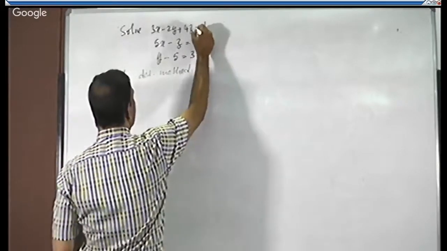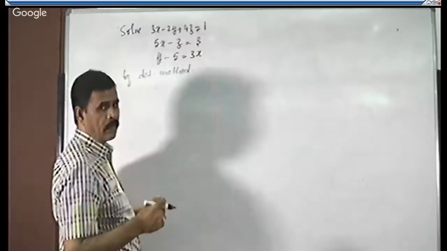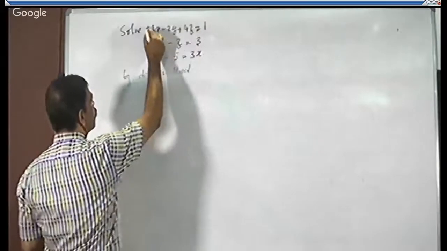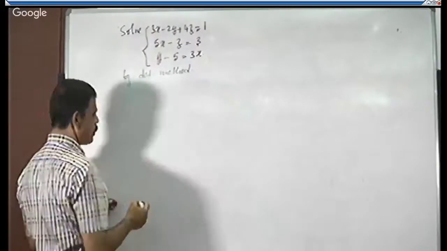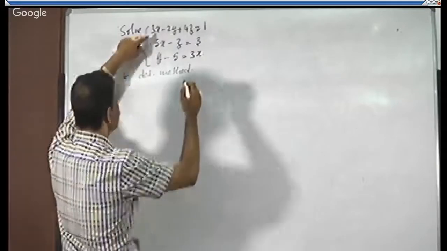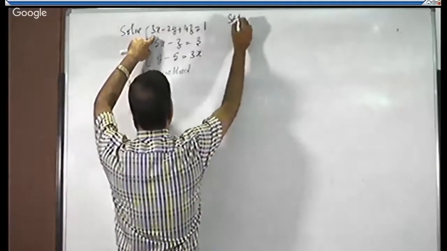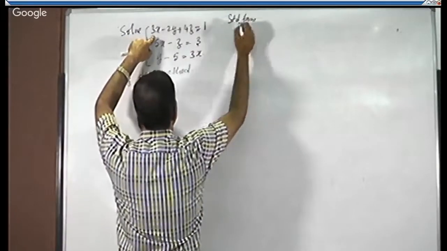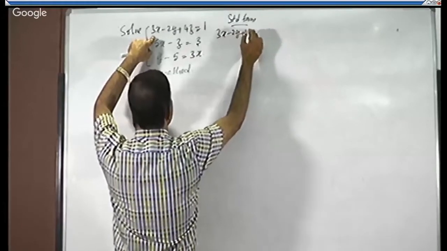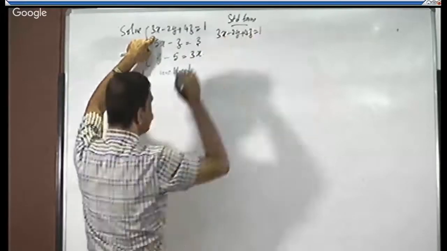Sometimes the unknowns will be given in different forms. Okay. First, see whether the equations are in standard form. The first equation, 3x minus 2y plus 4z is equal to 1, is in the standard form, right?